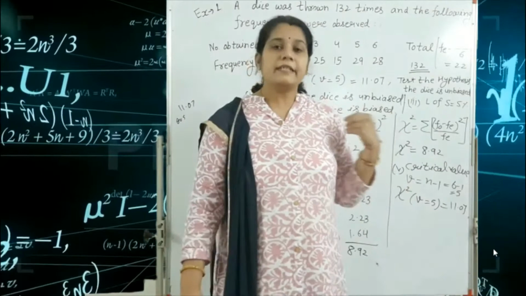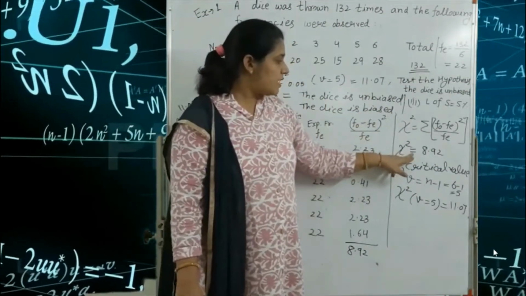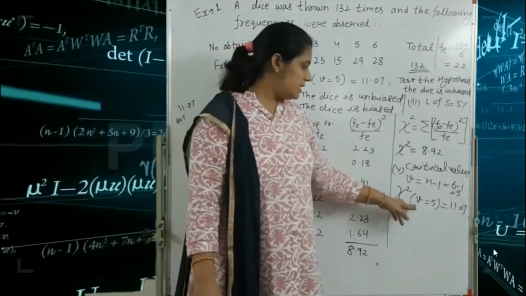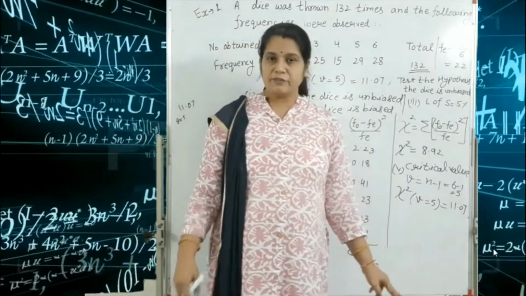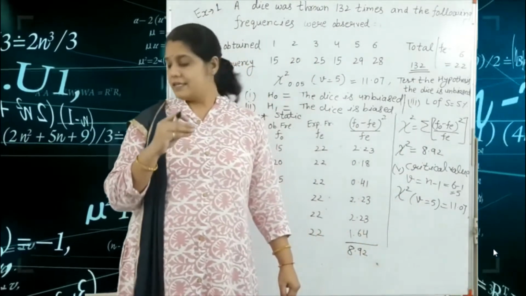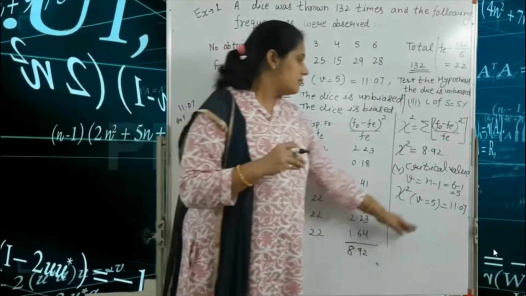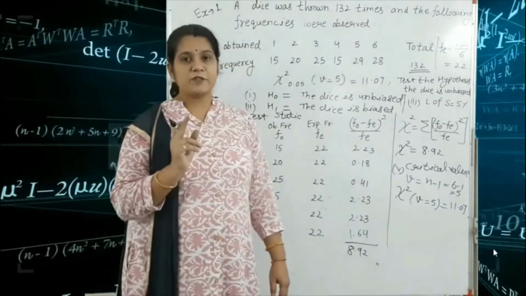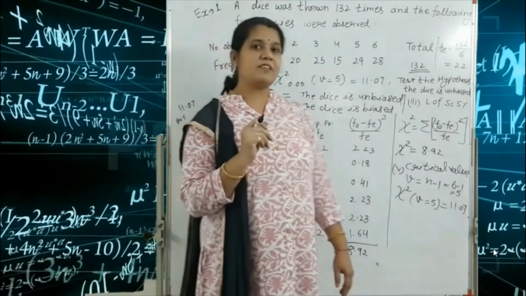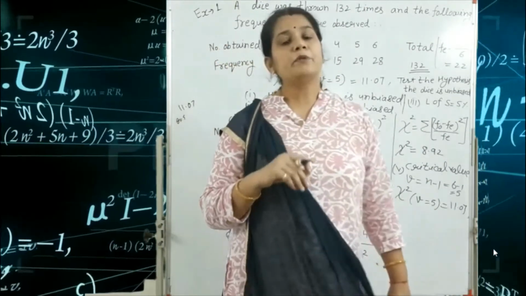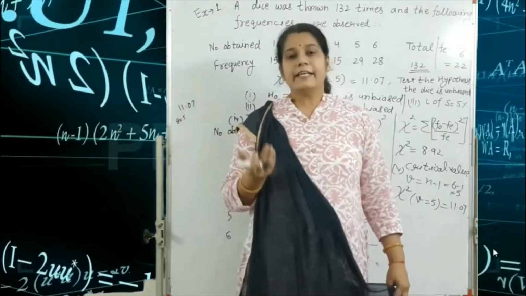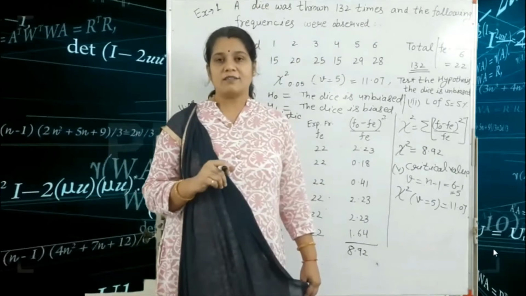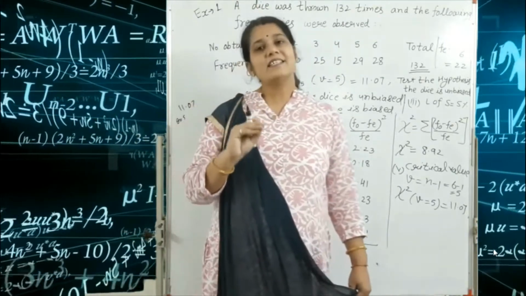In this question, our value of chi-square is 8.92, and the value of chi-square for v equal to 5 at the 5% level of significance is 11.07. So 8.92 is less than 11.07. That means our null hypothesis is accepted at the 5% level of significance. That means the dice is unbiased.